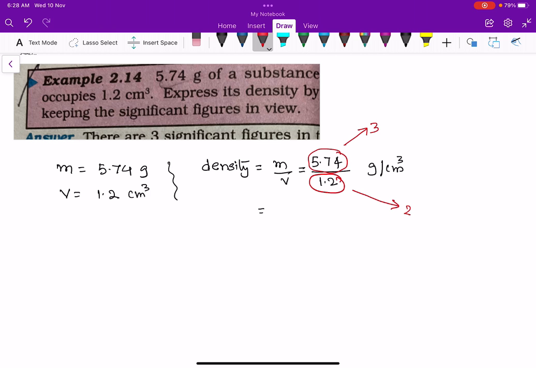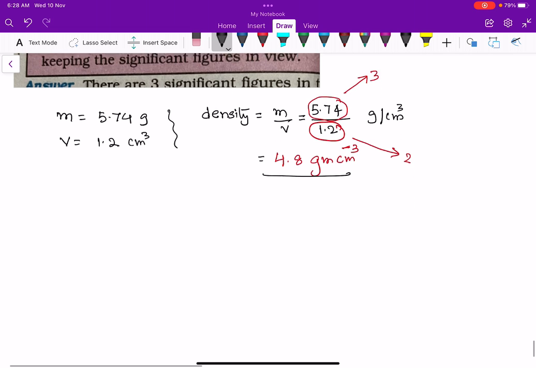Now we are seeing the case of only division. So the answer should come out in gram per centimeter cube. This is the answer, right?